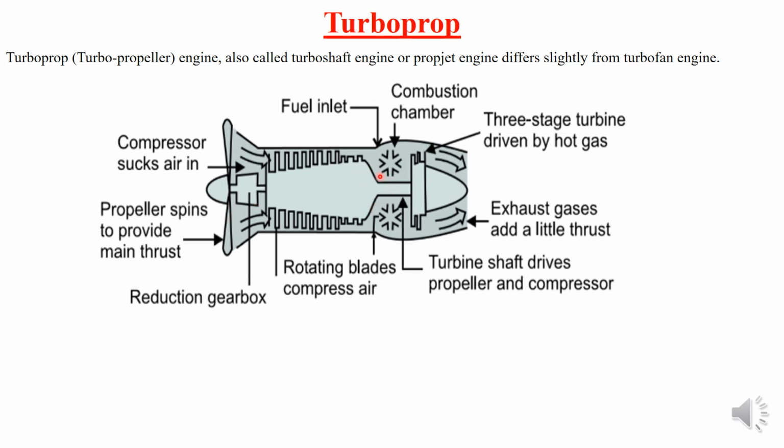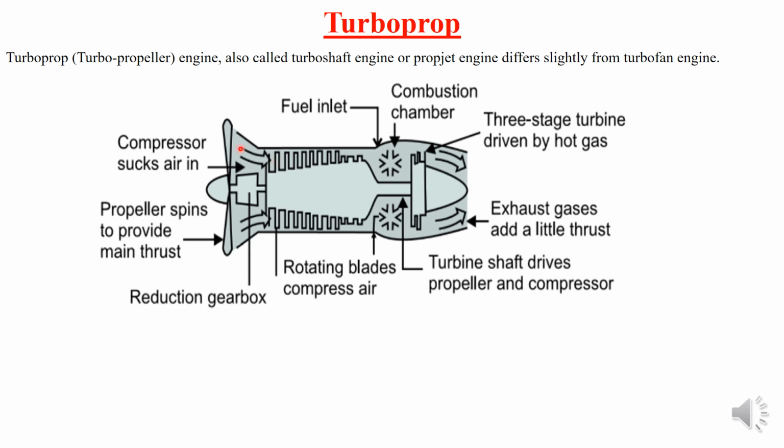Because the same speed cannot be used, gear reduction is there, so a gearbox is provided. This turboprop engine is used in small passenger planes, cargo planes, etc. So this is how it is going to work.